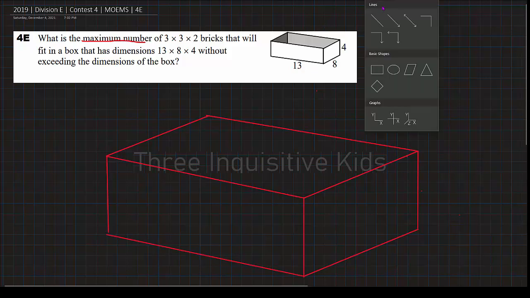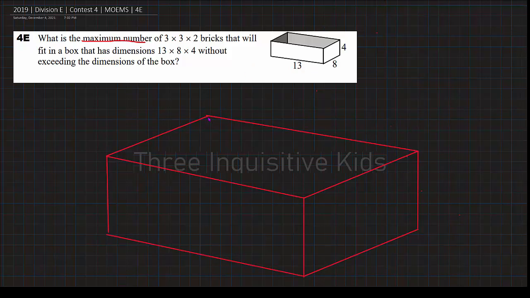And I'm going to be drawing dotted lines right there. Okay, so we do know that this side length over here is 4, this is 8, and this is 13. And I have it out nice and big.